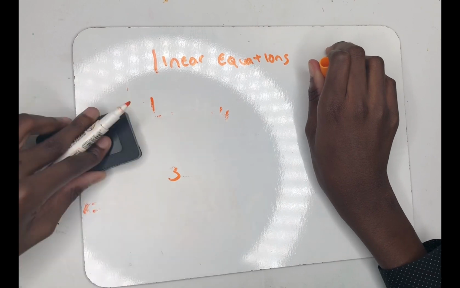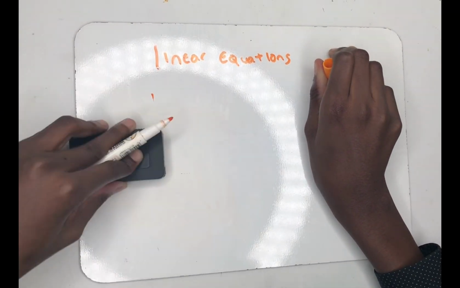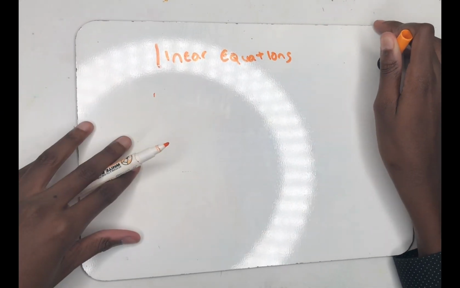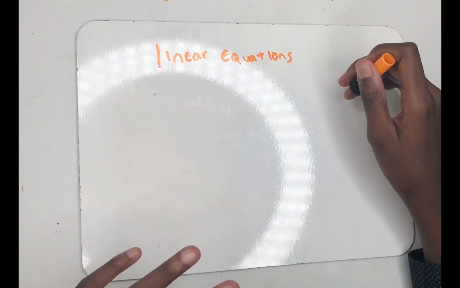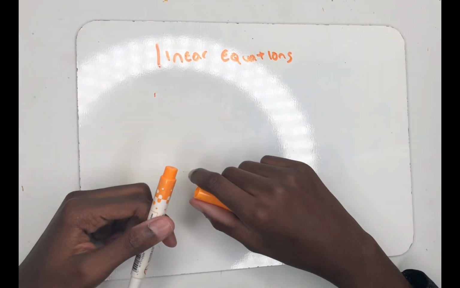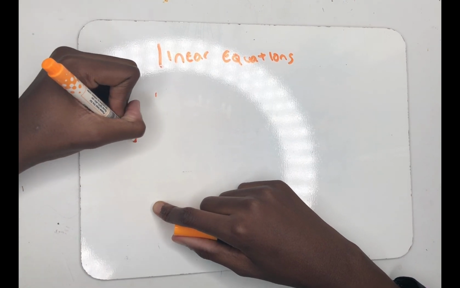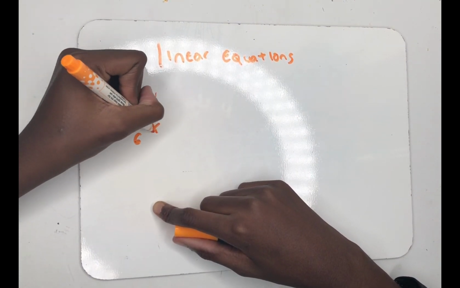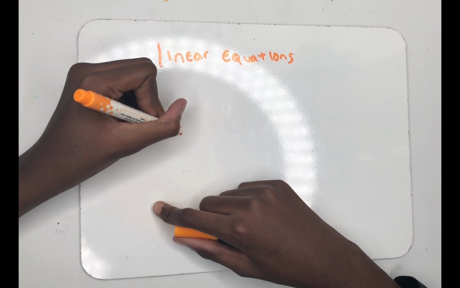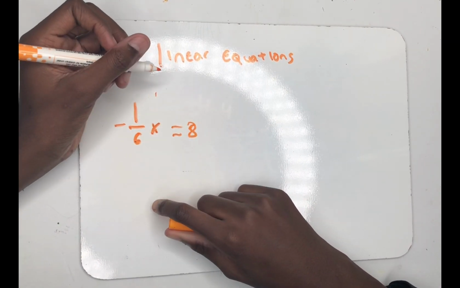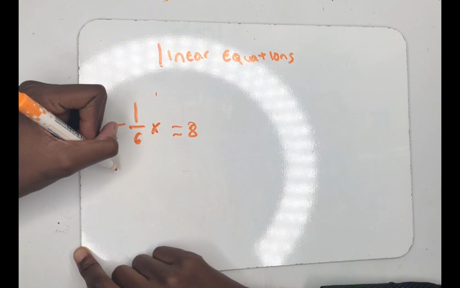This one is also going to be a fractions one too. Let's do -1/6 x, which equals just simply 8. And like I did in the last problem, I'm going to rearrange the problem.